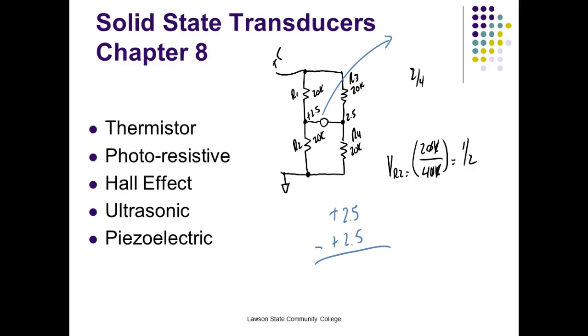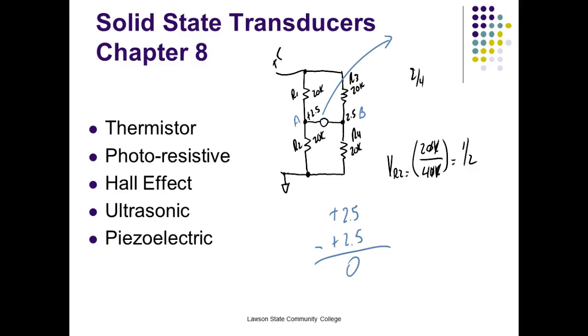What's the difference in potential? It's 0. So we say the bridge is balanced. If the bridge is balanced, it means the ratio of this side and the ratio of that side are equal to each other. So over here I could put 5K and 5K, I could put 2K and 2K, but the ratio of the resistors is 1/2, right? Any combination of resistors that comes up with 1/2, then the bridge would be balanced. And the voltage drop between point A and point B would be what? Would be 0.